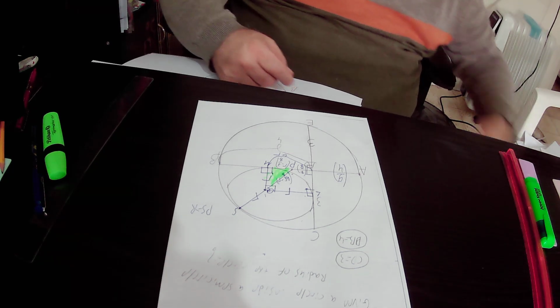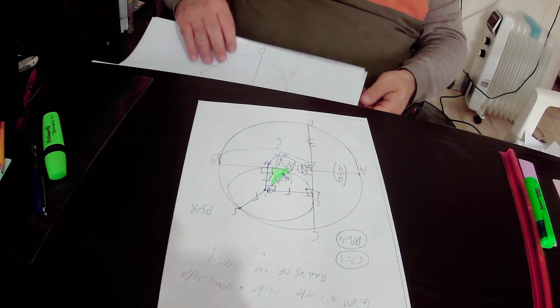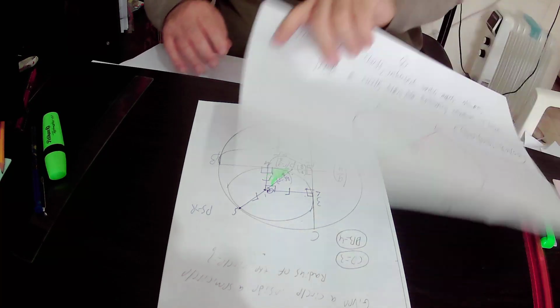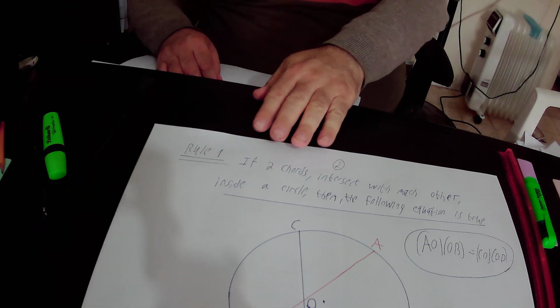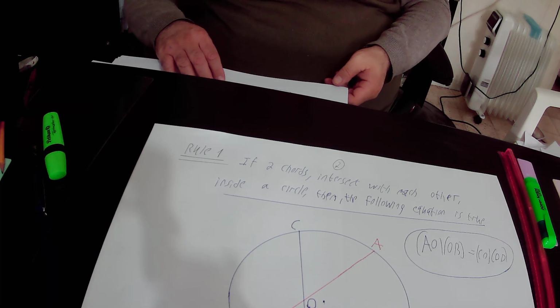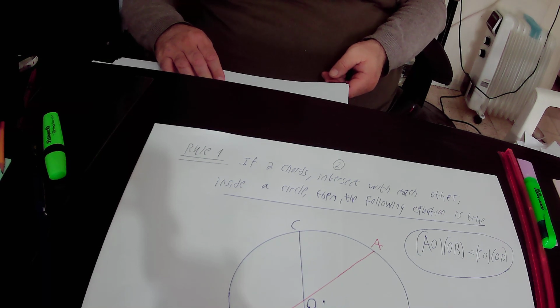In the next step, I will present to you a new rule, rule number 1. According to rule number 1, if two chords intersect with each other inside the circle, then the following equation is true: AO times OB equals CO times OD.